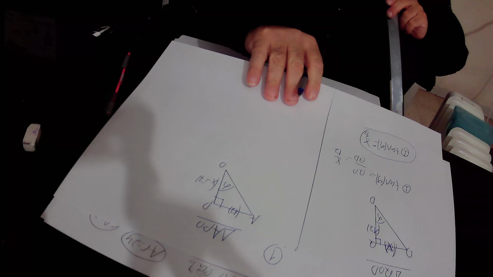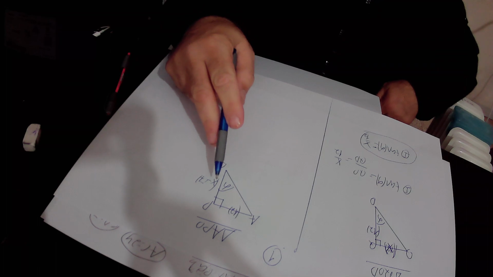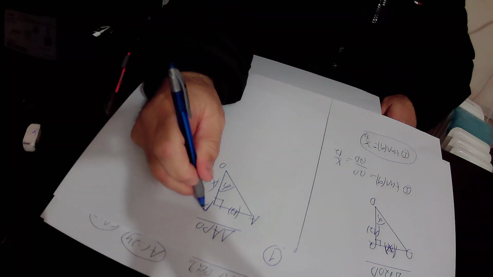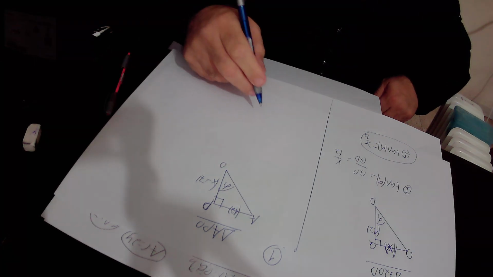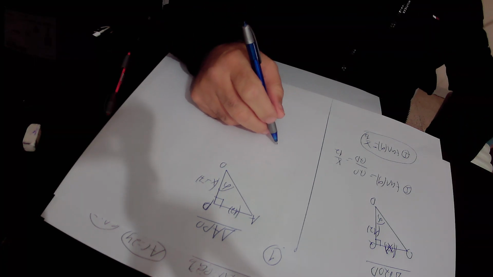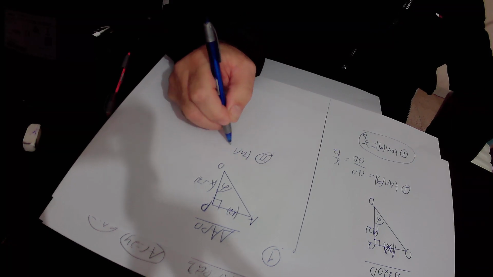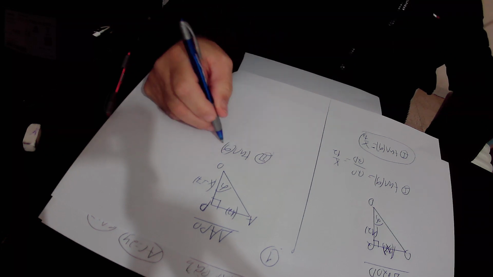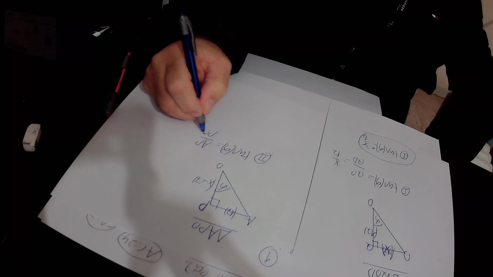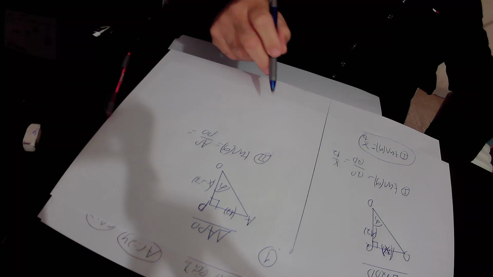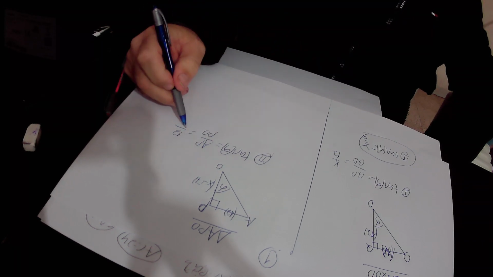Actually, this is the right triangle APO that I copied from the original drawing. AP equals 12, PO equals X plus 7, and angle AOP equals alpha. In this right triangle, triangle APO, we get tangent alpha equals AP over PO. AP equals 12 and PO equals X plus 7.